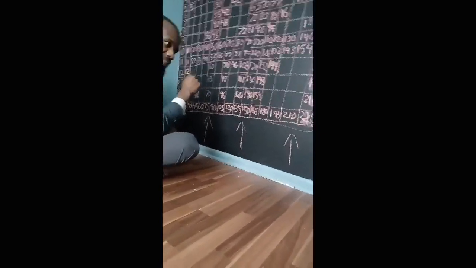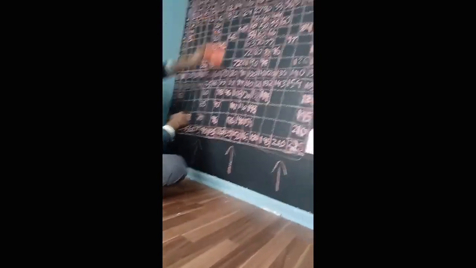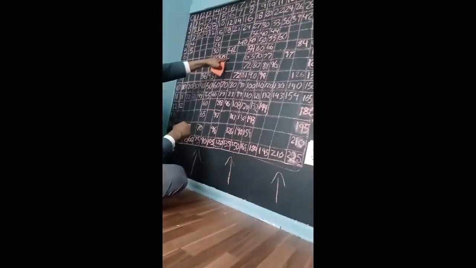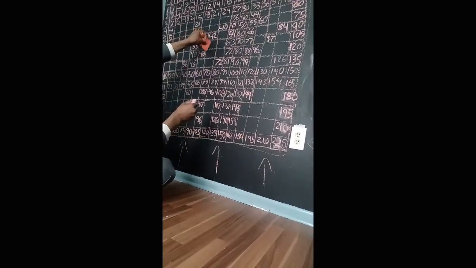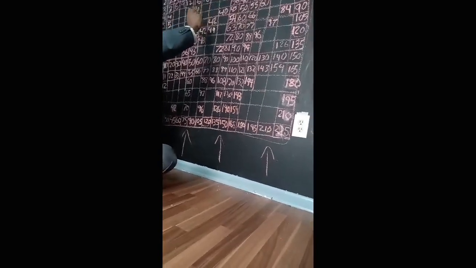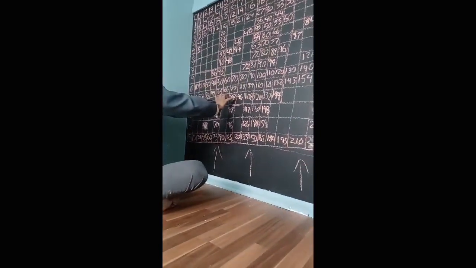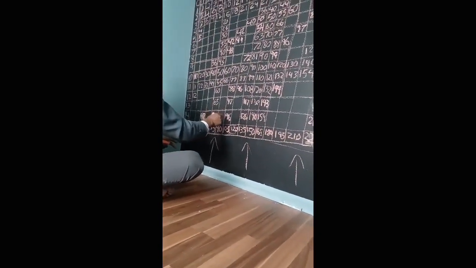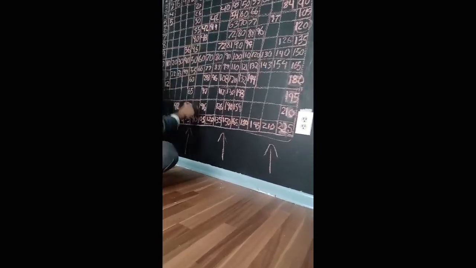Because 7 times 7 is 49. But then it doubled. All of this doubled again. Boom. And now it's right here. 49 times 2 is 96.